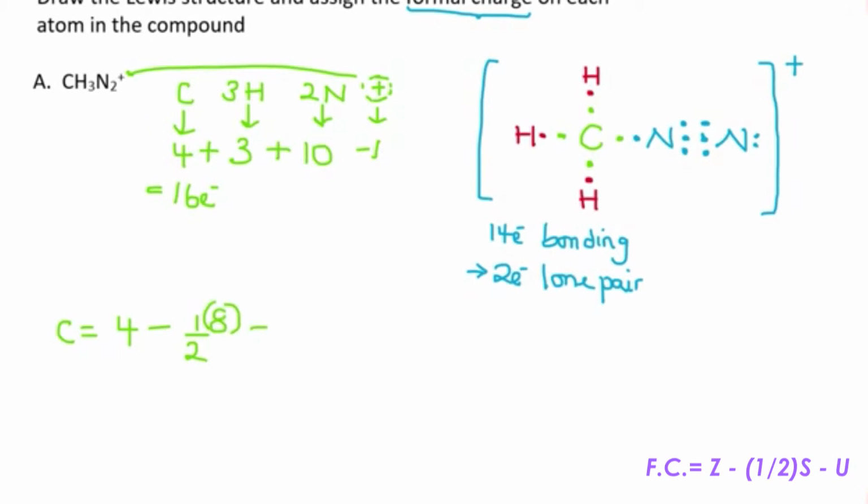Since carbon doesn't have any lone pair, the total formal charge on carbon equals 0. For hydrogen, we have 1 valence electron, and the total bonding electrons is 2 divided by 2, and that gives us 0.